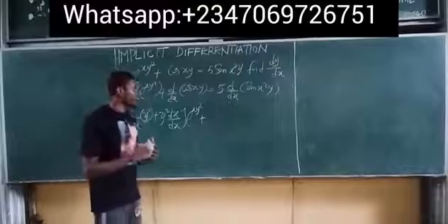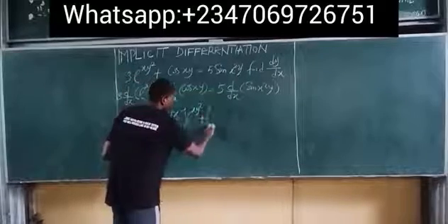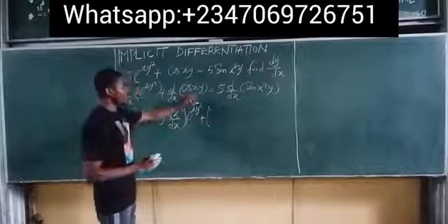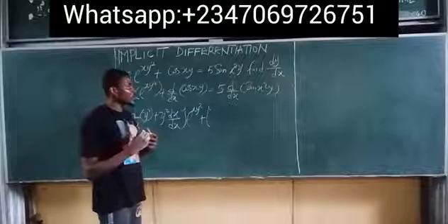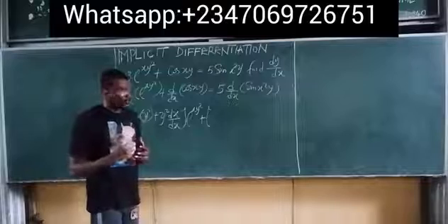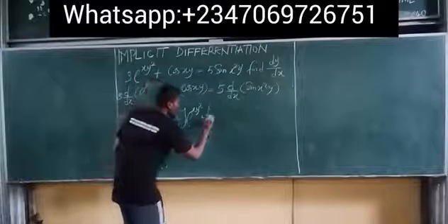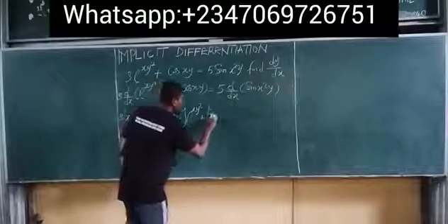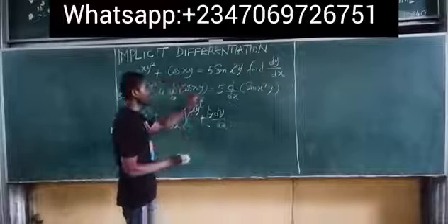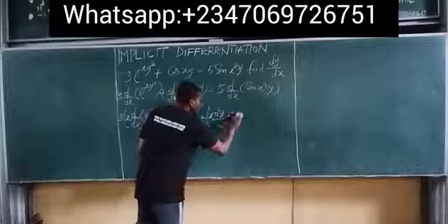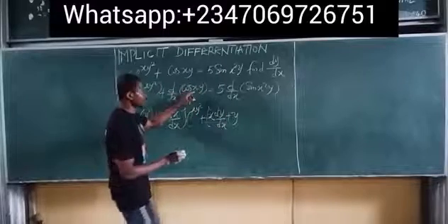Okay, so first of all, let's start by differentiating the angle in front. The angle is simply xy. Since it is a product of two functions, x multiplying y, you also employ the product rule to differentiate that angle. First of all, you keep x as a constant, then you differentiate y with respect to x. Then you keep y as a constant, plus y, now you differentiate x with respect to x.